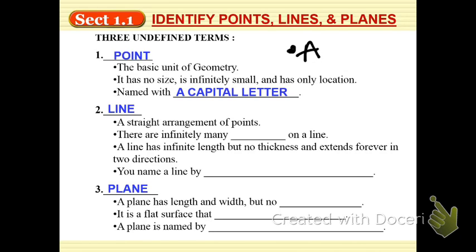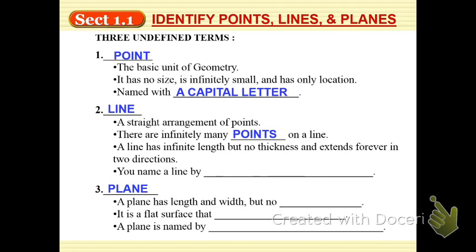The second term is line. A line is a straight arrangement of points. Because a point doesn't have any size, a line has an infinite number of points. Infinitely many points on a line. A line has infinite length because a line, we typically think of a line as a line segment.